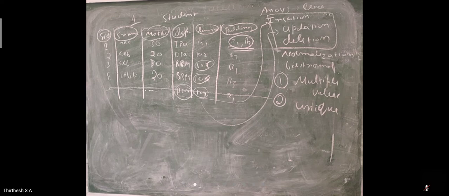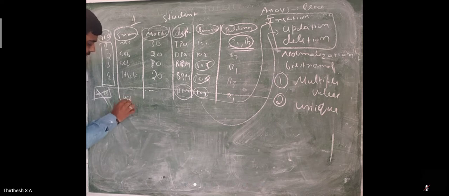Third one, it should have the same domain. If you are going to use integer as a data type, there must be only integers, it should not have something like 4ab. If you are using varchar, you should use only varchar, not some other symbols.